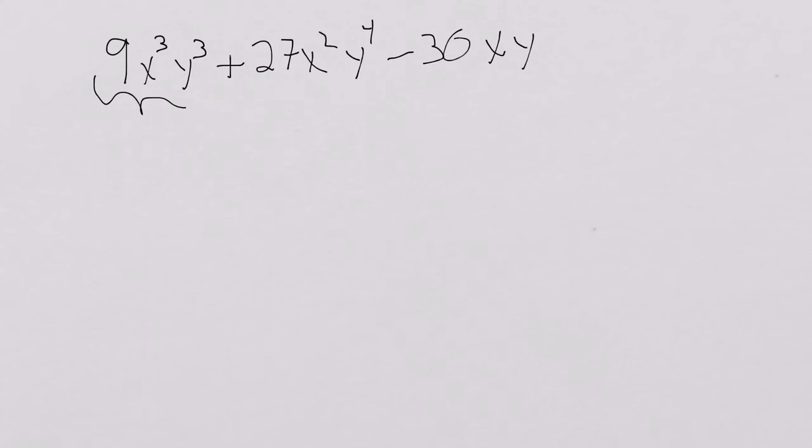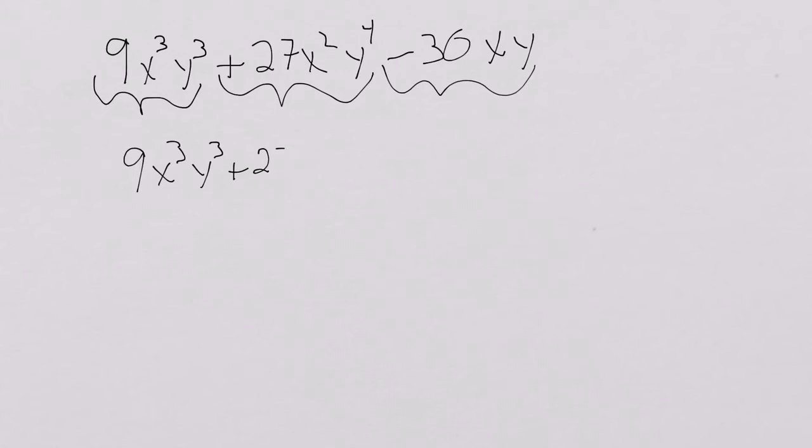You're simply going to look at your positive 9x cubed y cubed, your positive 27x squared y to the fourth, and your negative 30xy. And you're going to divide out everything that each one of those has in common. So let's go ahead and write 9x cubed y cubed plus 27x squared y to the fourth plus a negative 30xy.